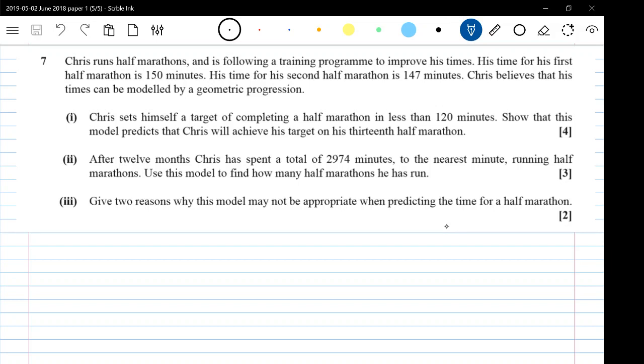But what we're saying is a geometric progression. That's right, isn't it? So the first term is 150. He believes there is a common ratio, and the common ratio is 147 over 150. That's 0.98, isn't it?